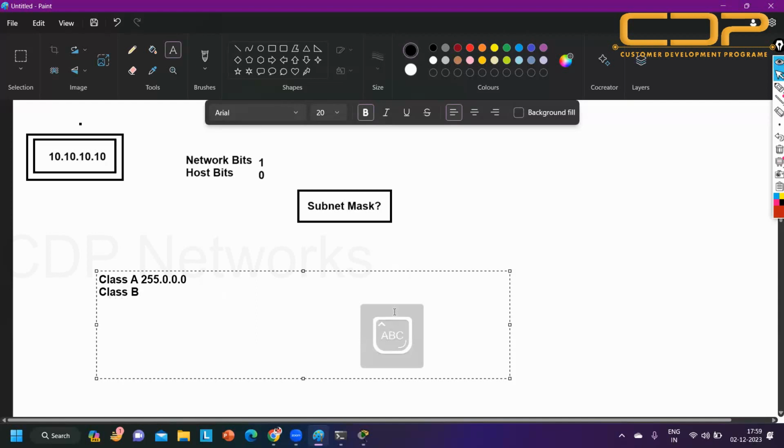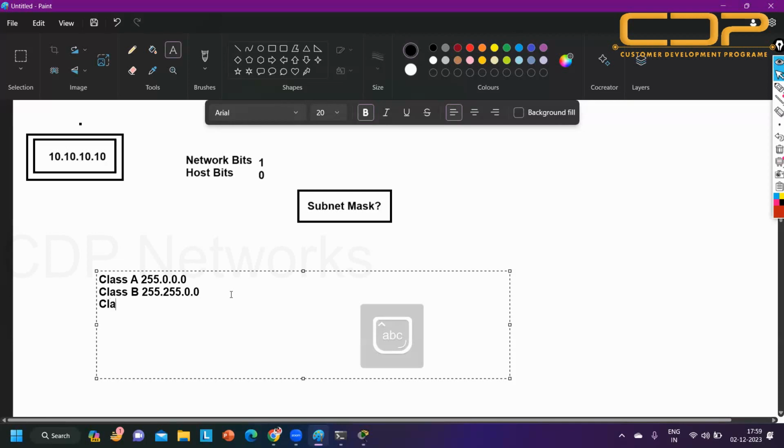For class B, 255.255.0.0. Right? So here you can see in the first octet all bits are 1, meaning 8 bits are 1. In the second octet all bits are 1, meaning a total of 16 bits are 1 and 16 bits are 0. That means 16 bits are network bits and 16 bits are host bits in class B. Tell me for class C also.